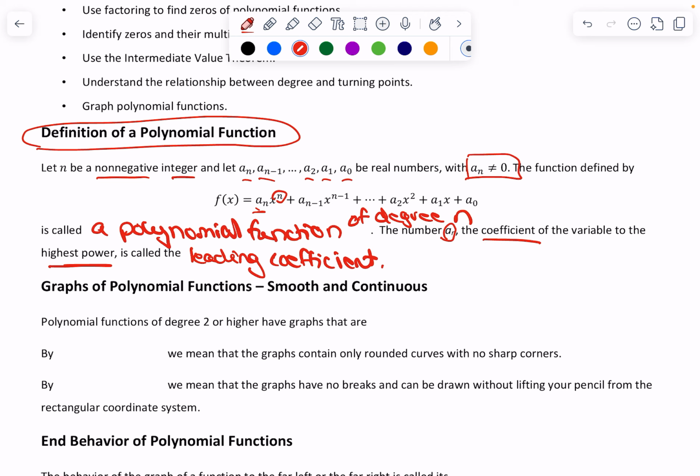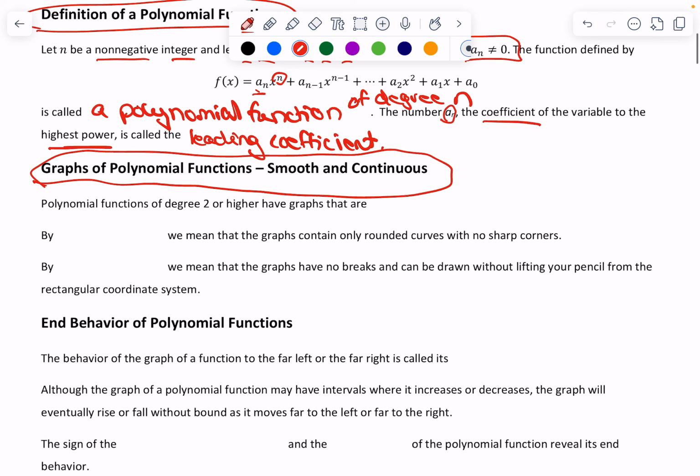Okay, so next we're going to look at graphs of polynomial functions, smooth and continuous, and define what that means. So polynomial functions of degree 2 or higher have graphs that are smooth and continuous. And notice that it says degree 2, so this includes quadratic functions.